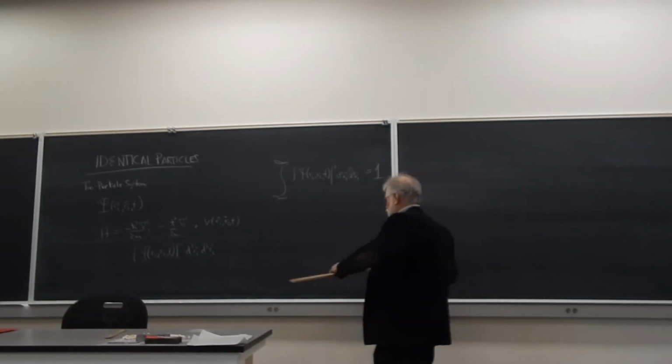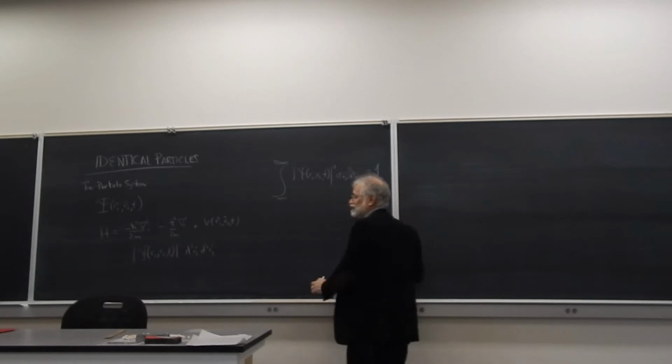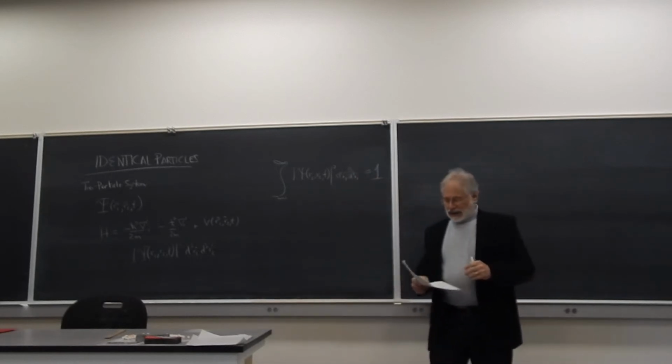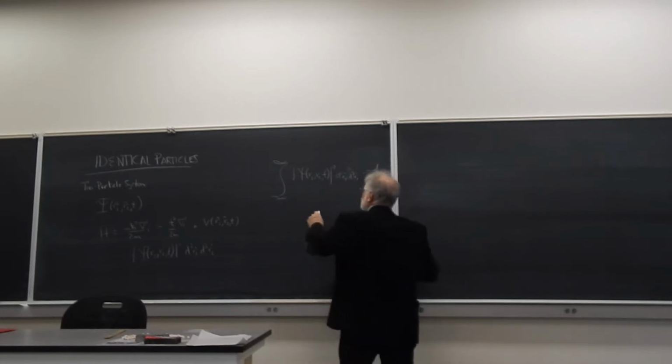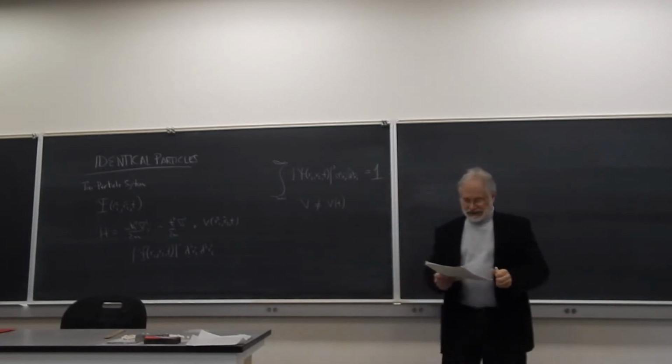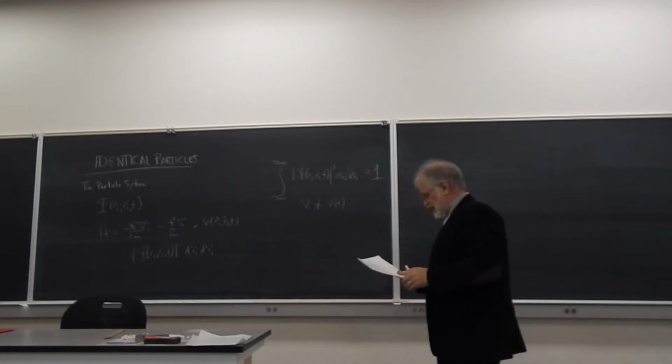Now, we're going to talk about some ways that we can simplify our endeavors. First of all, we're going to assume, as we have all along, that the potential is not a function of time, so it's time independent.